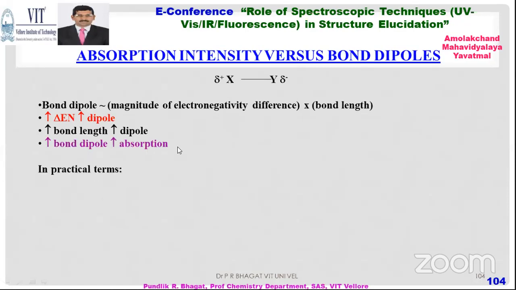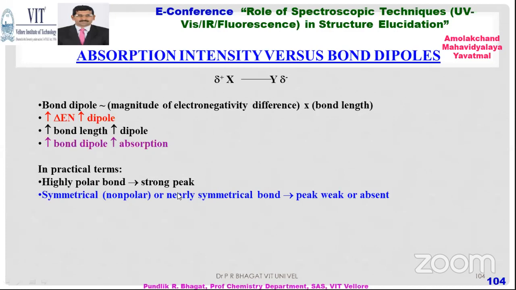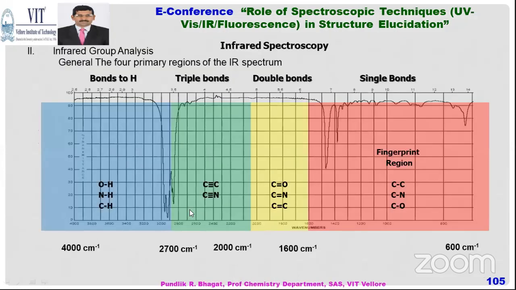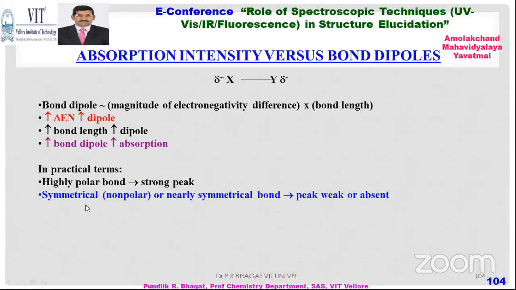So the bond dipole will increase, and absorption will also increase. Likewise, you will get a very strong peak. If the molecule is non-polar and nearly symmetrical, then the peak will be very weak or it will be absent.